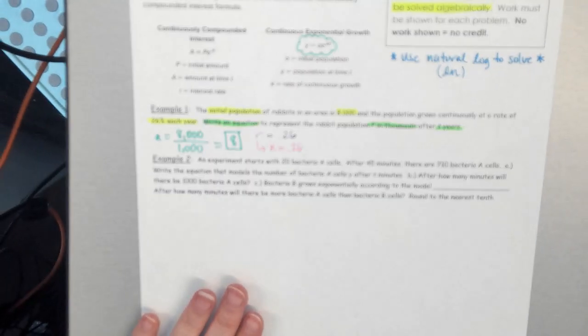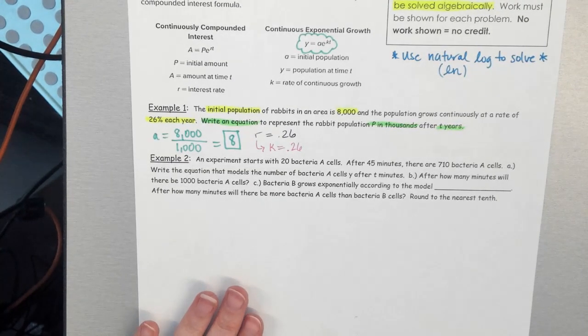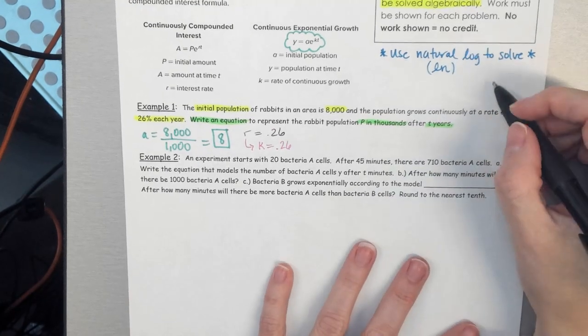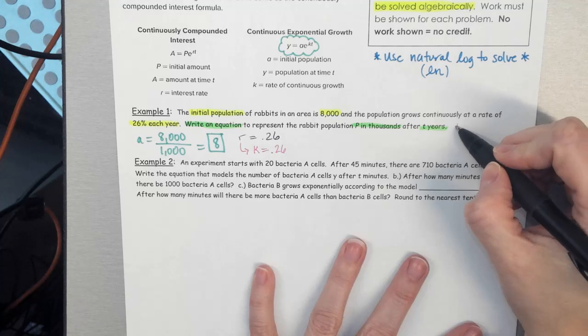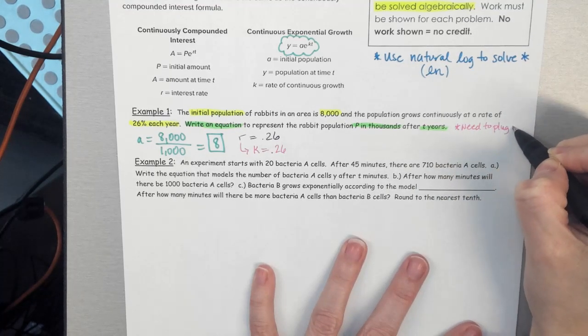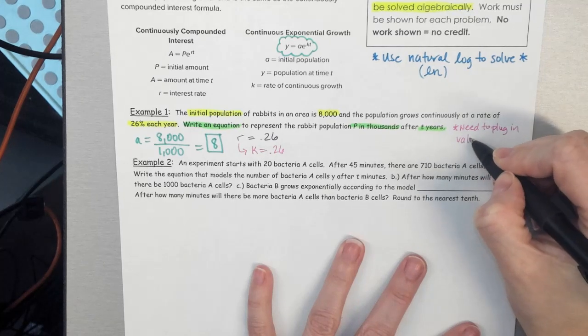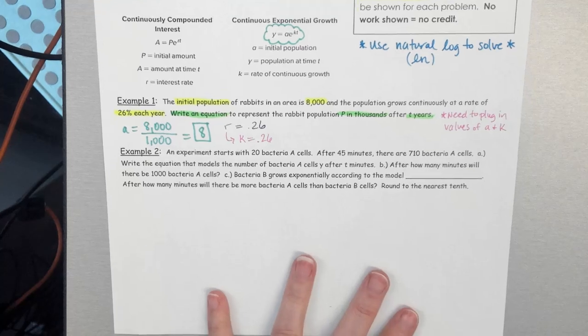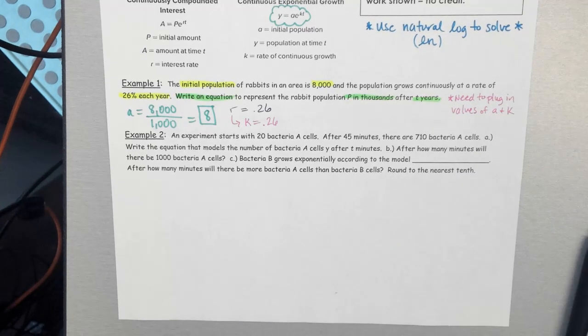Okay, so that's what we're going to plug into our equation. Whenever you are writing an equation, you need the values of a and k. You also need your output and you need your input.